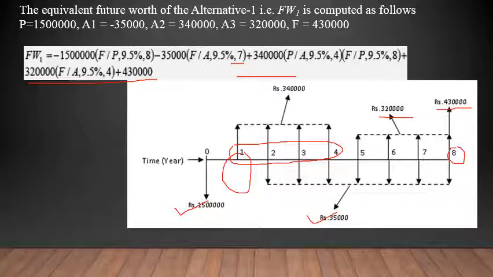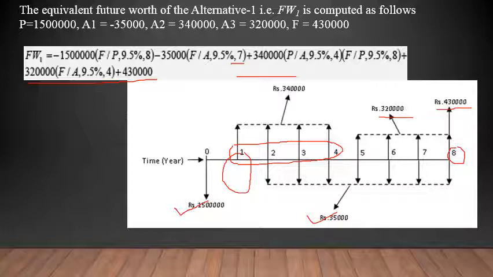Next comes the tricky part. 3,40,000, the first income. So now we have converted the present worth and the operating cost. Now let us come to the third cash flow, that is 3,40,000. How is it? 3,40,000 is in between the timeline. It is not continuously flowing.